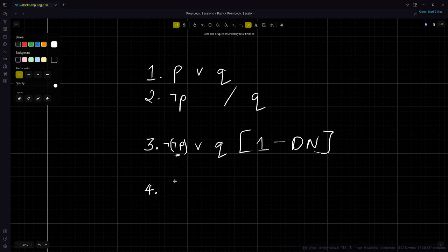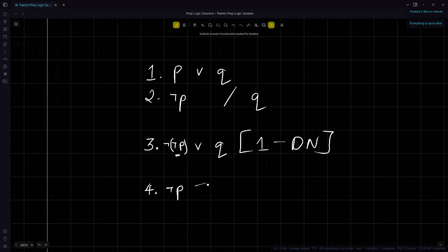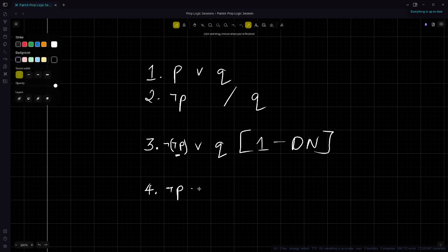The antecedent here is not P, and the consequent is just Q. And we are getting this from 3, material implication.